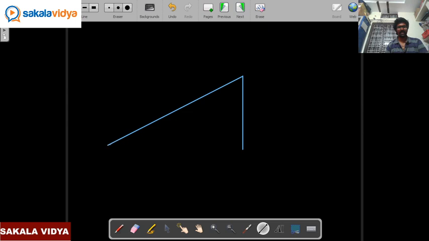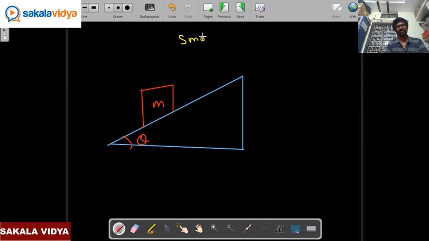In our previous case, in our work, we derived one formula for when a block of mass m is pulled on a smooth inclined plane from bottom to top.